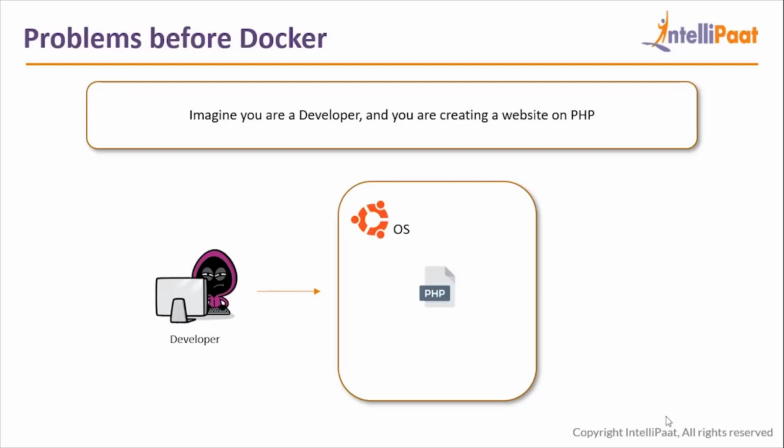Now, secondly, because you are developing a PHP application, of course, you need the PHP software installed on that operating system so that your file can actually work. Right now, when you're developing a web application on a particular language, it's not just the language which will suffice with what you're doing.